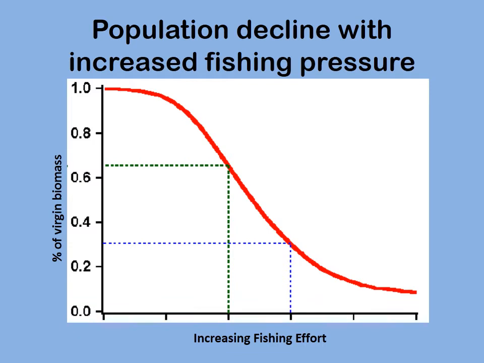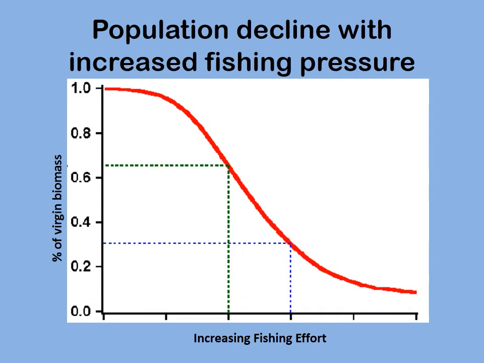But if you increase your fishing effort, you're going to lower the population because you're removing more individuals, and eventually you'll get down to a very small percent of the virgin biomass. Virgin biomass is defined as the amount of organisms, usually in weight.